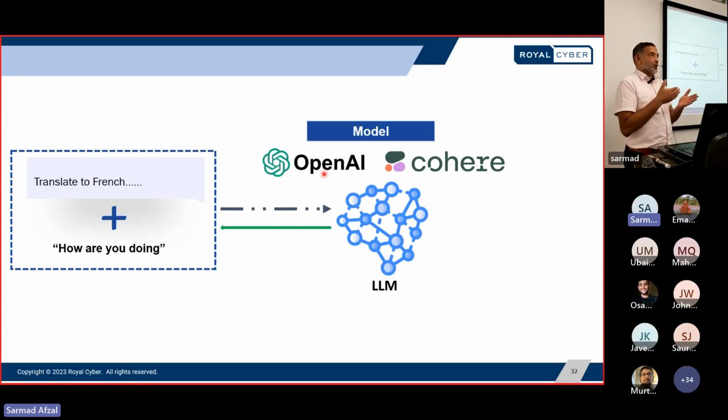But if you go to huggingface.com, you can find hundreds of LLM models whose code is available. So if your company wants to manage its own, you can replace OpenAI with your model out here. But LangChain is just a framework to make this ChatGPT sort of an application for you.